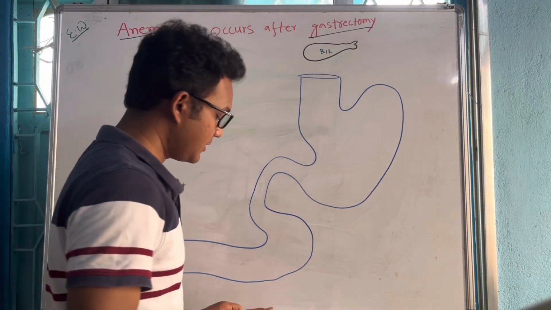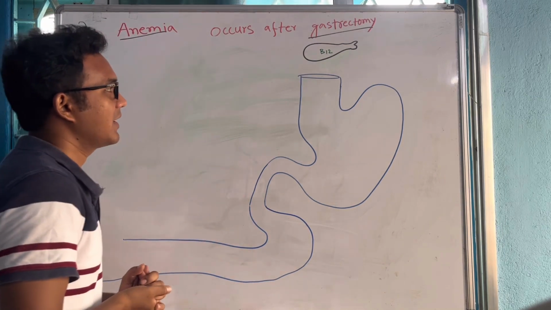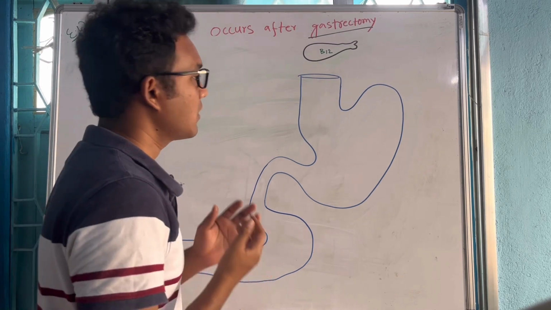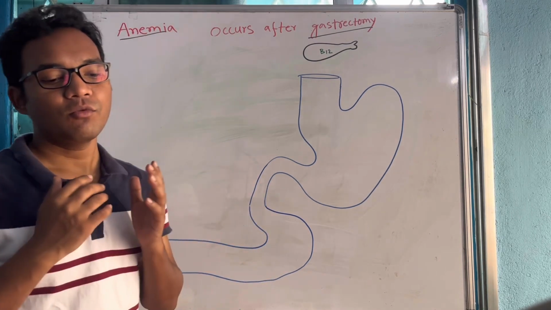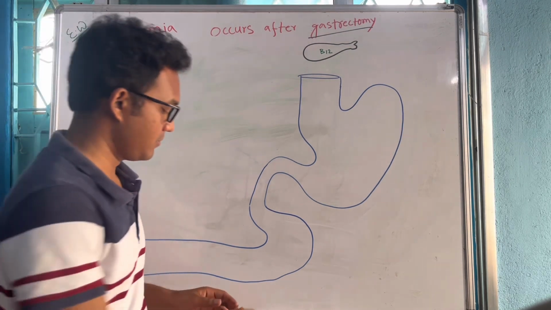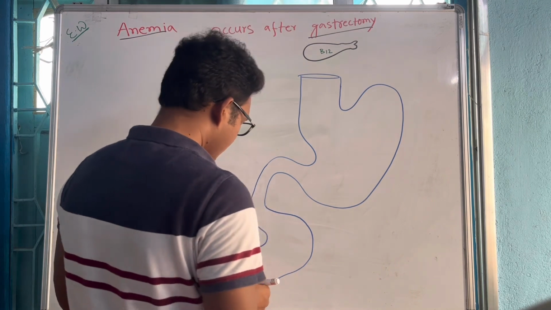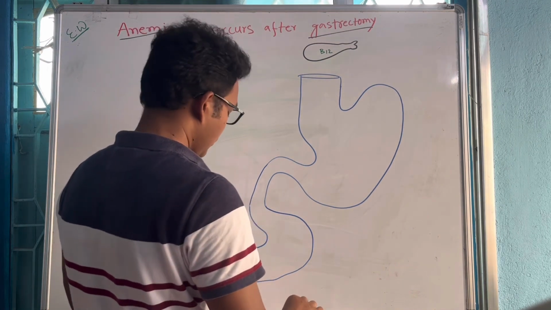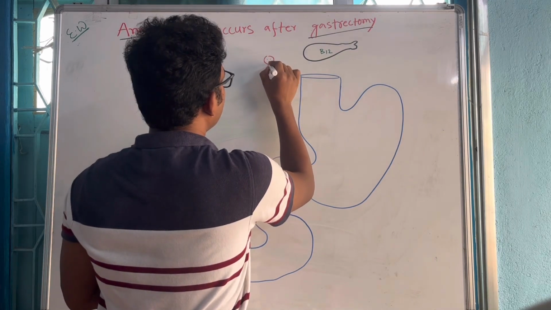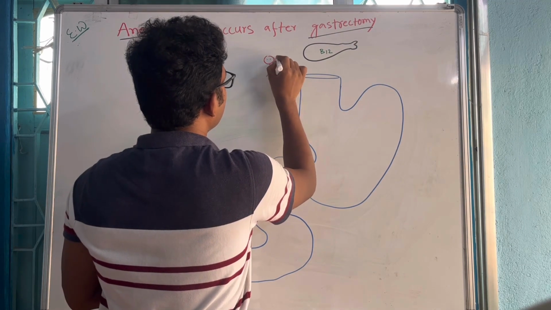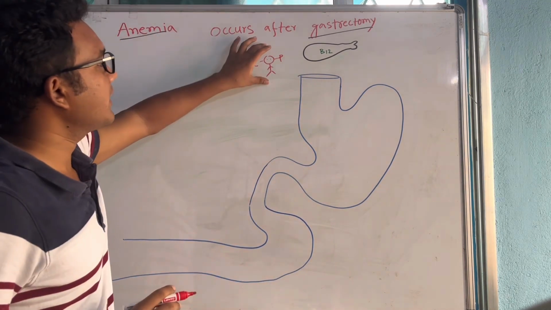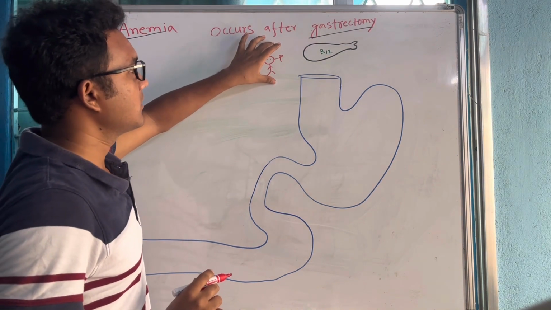Now vitamin B12 is present inside this chicken piece, and when we are chewing in our mouth, our saliva secretes a product known as cobalophilin. Now cobalophilin is secreted in the saliva.